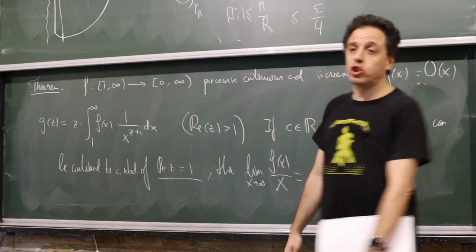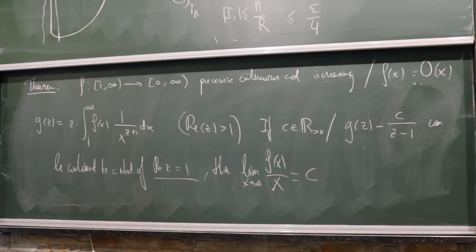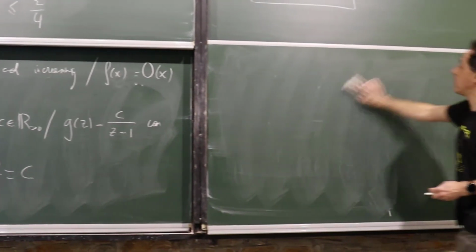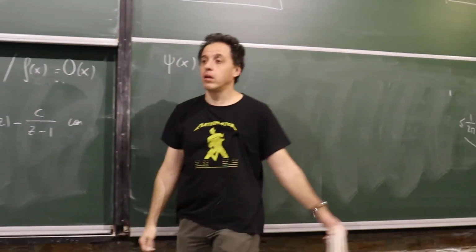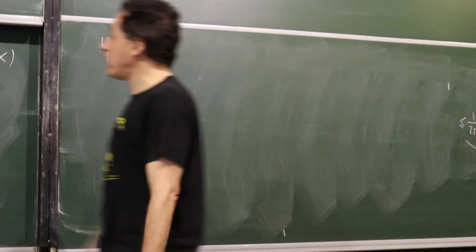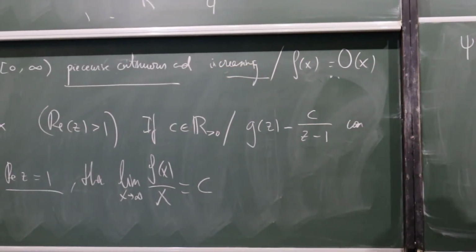So, assume we have proven this theorem. If we have proven this theorem, we could apply it to the function psi of x. Consider the function psi of x. It is piecewise continuous and non-decreasing.